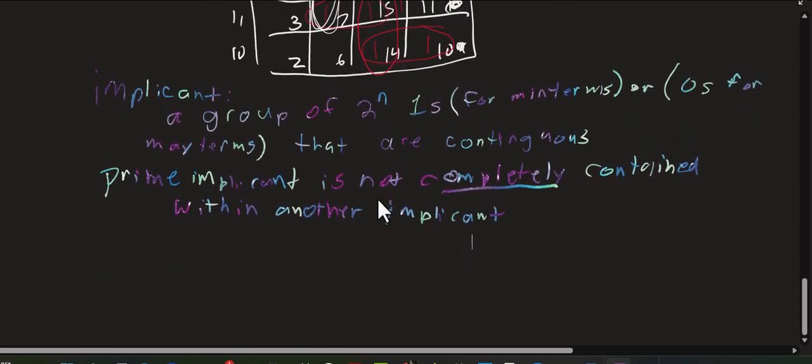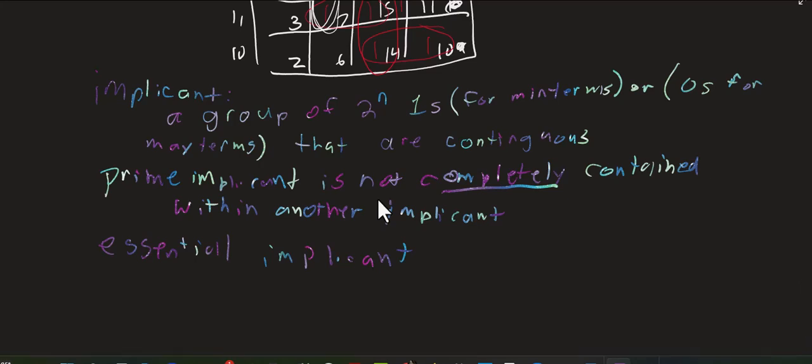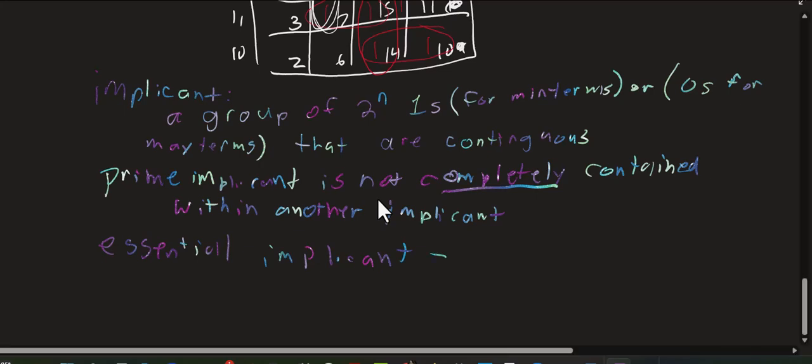And then an essential implicant, the official definition, you want to say that an essential implicant has to be in a minimum cover, but that's not entirely true, because essential doesn't exactly mean essential, and I'll show you why in a minute.